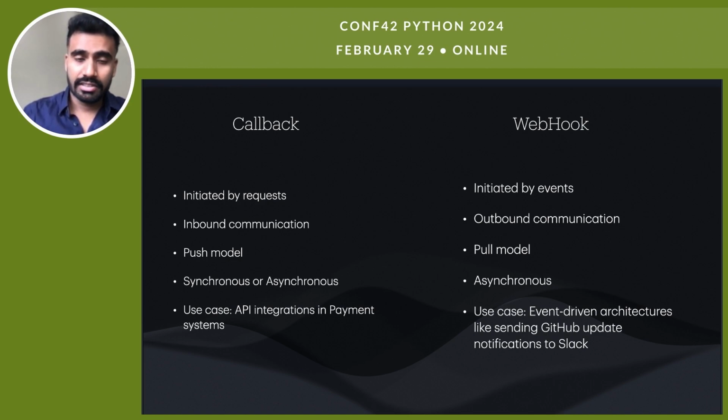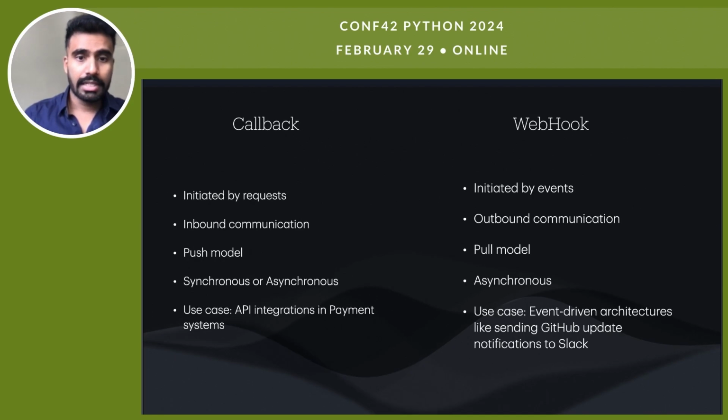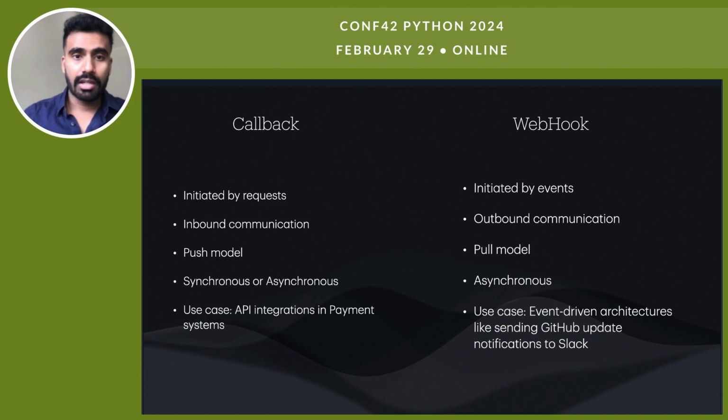When the event occurs, the sender makes an HTTP request to a URL at the receiver. So the receiver is microservice 2 in this example, and the sender is the external partner. The receiver does not actively request data. Instead, it waits for the incoming request from the sender.